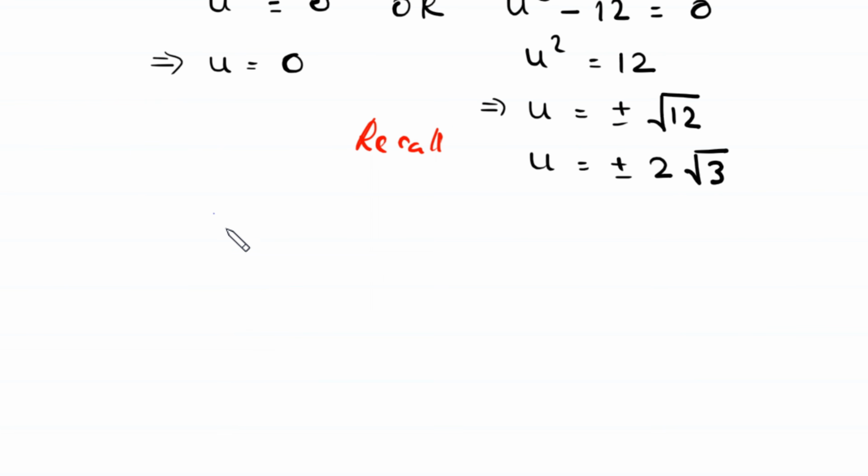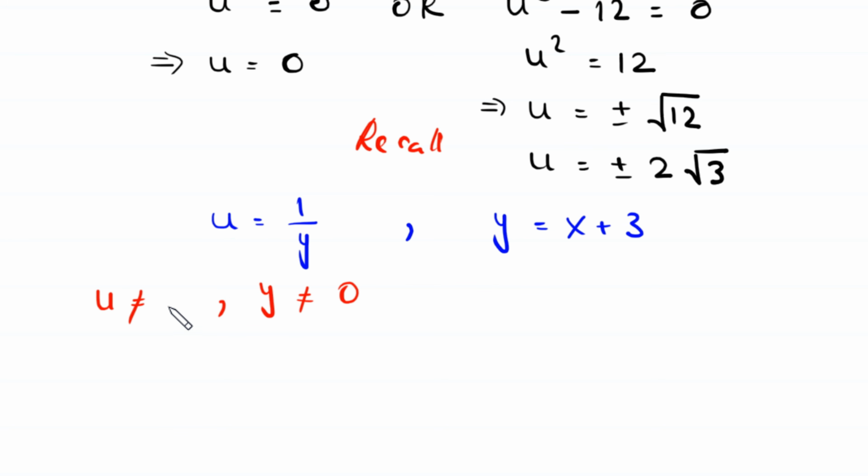We have supposed that u is equal to 1/y and y is equal to x + 3. Since this y is in the denominator, y cannot be equal to 0, which implies that u cannot be equal to 0. So this will be rejected. We accept only this value of u, plus minus 2 times root 3.